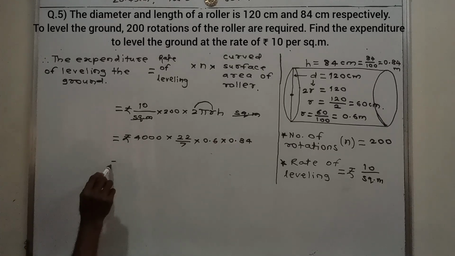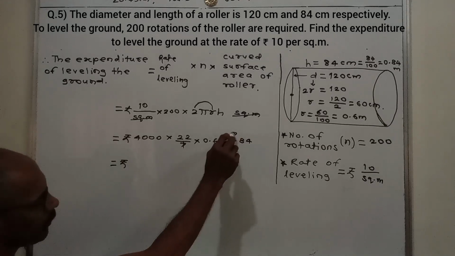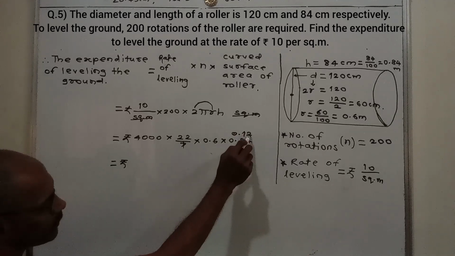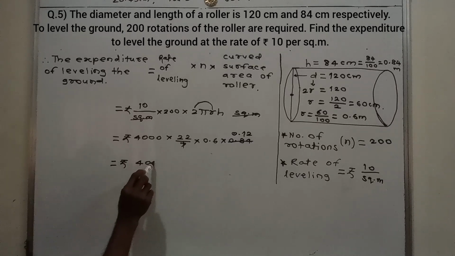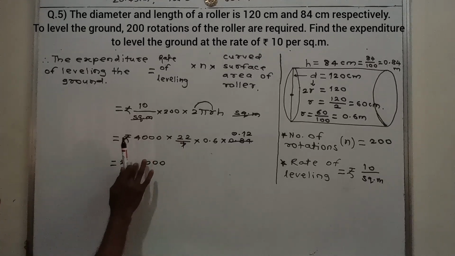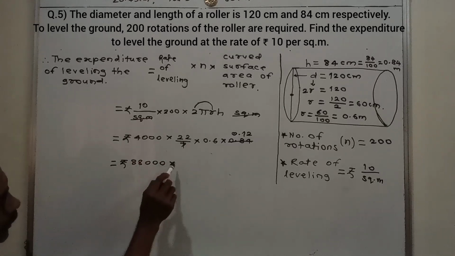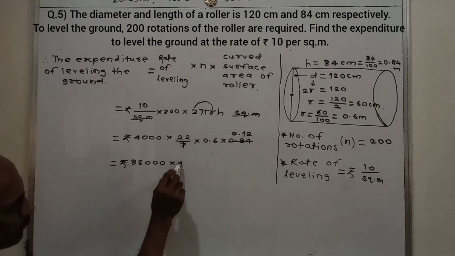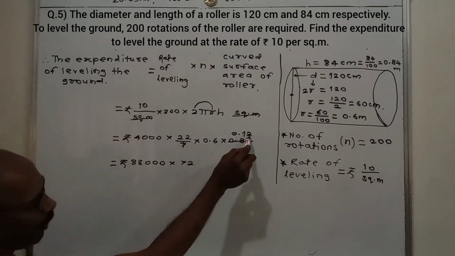Now, see this. Therefore, rupees, see this. 7 ones are 7. 7 twos are 14. Therefore, 4,000 or 22 into 4. 22 into 4 is 88, into 12 into 6. 12 into 6 is 72.